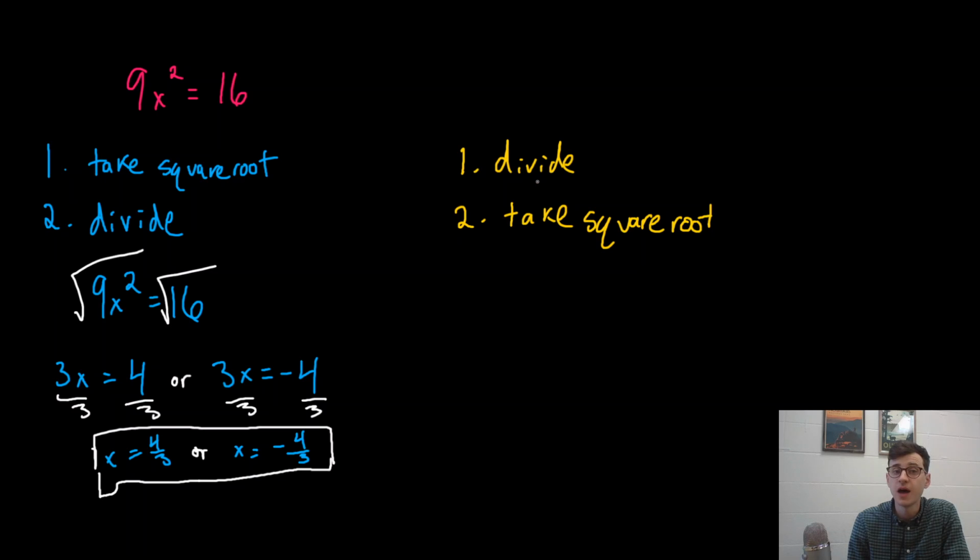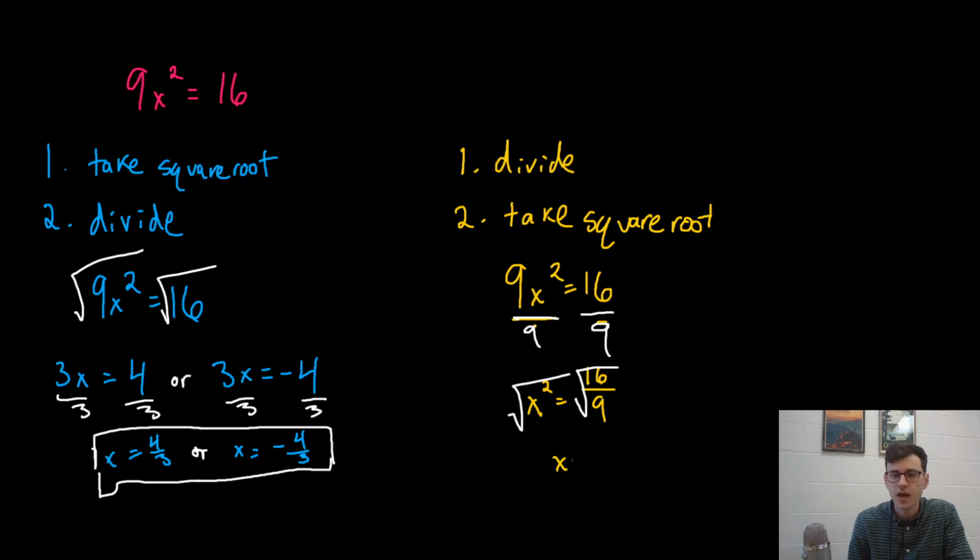Okay, so that's one way. Let's see what happens if we divide and then take the square root. So we have 9x squared equals 16. Divide first. I don't know why I divided by 16. We have to divide by 9 on both sides. Okay? So then x squared equals 16 over 9. Take the square root of both sides. So x equals the positive square root of 16 over 9 or the negative square root of 16 over 9.